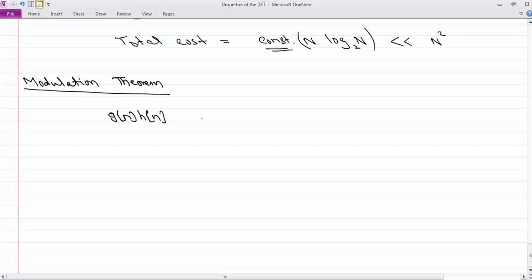It's 1 over 2 pi convolution of one's DTFT with the other DTFT. Now, by now, you guys should be experts in the fact that in the DFT world, you are not just going to get convolution, you are going to get circular convolution. So what you will get is circular convolution of their respective DFTs.